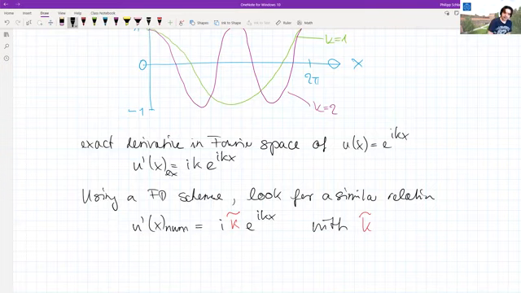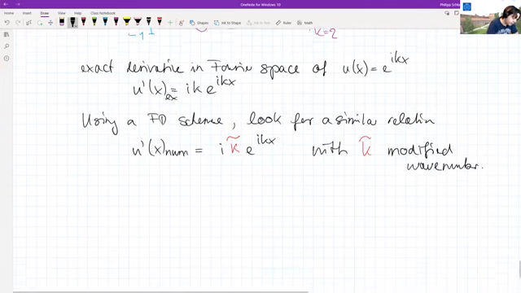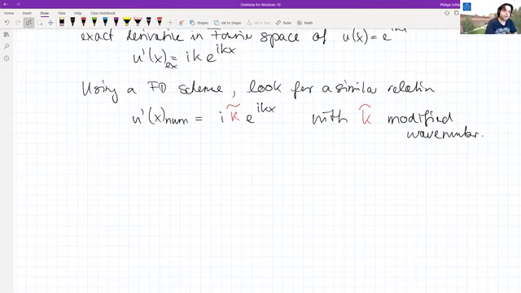It's not the exact k, but it's something that is modified. And of course, that's exactly the modified wave number. So now the task is to understand how this k is modified by the finite difference scheme, away from the exact wave number, which would just be k, and to what extent the finite difference scheme affects that.